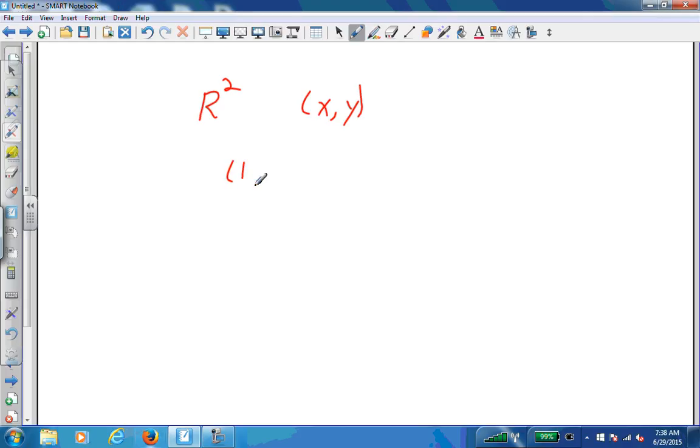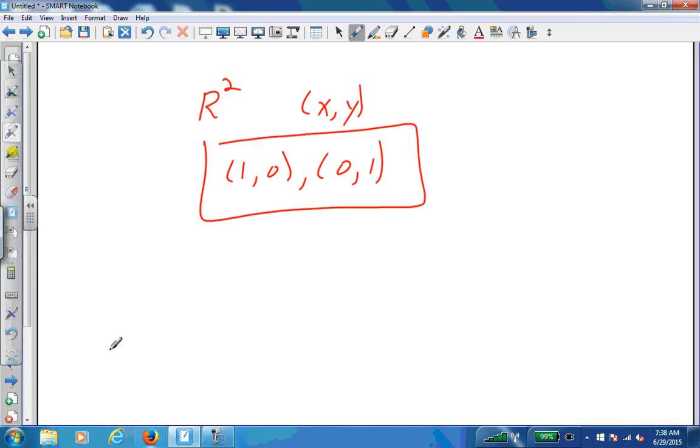We can say that these two particular vectors span that set, and what we mean by that is we can attain any possible vector in R2 using a combination of those.